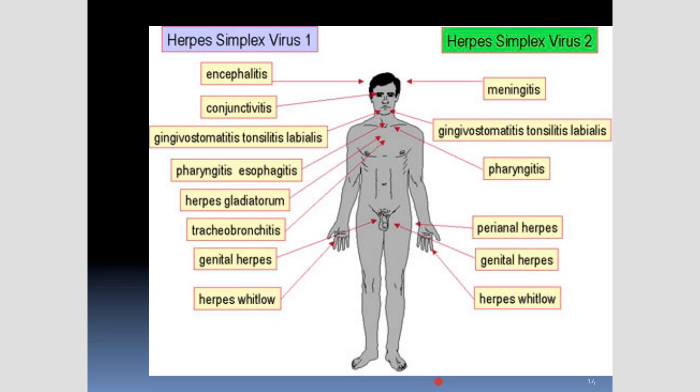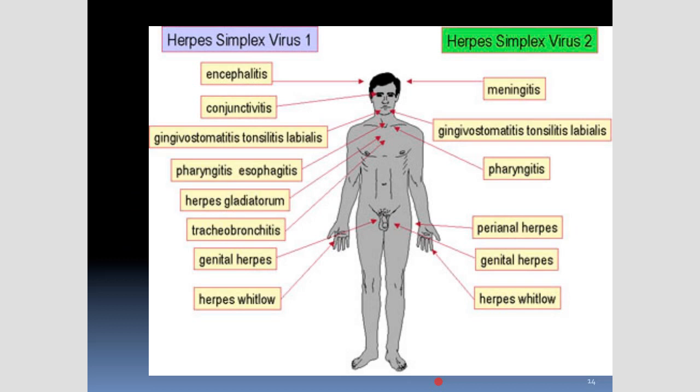This one goes deeper into the brain tissue, encephalitis. This one goes on the meninges. And as you saw, there's no way of me telling just by showing you a cold sore whether it is 1 or 2. The cold sore on your lip, the technical term is gingivostomatitis.